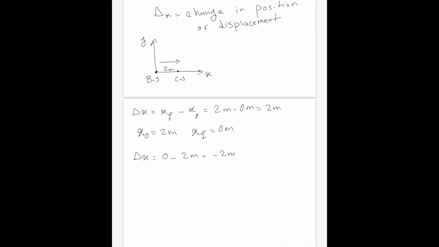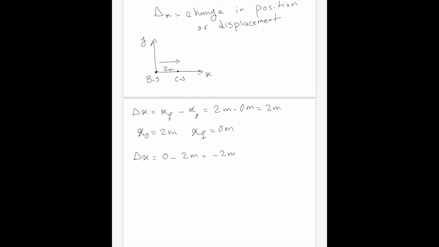Okay, but what is the difference between displacement and distance? As we saw, displacement has a magnitude and also has a direction. However, distance is just the magnitude or size of displacement from one point to another. So distance does not have a sign or a direction.